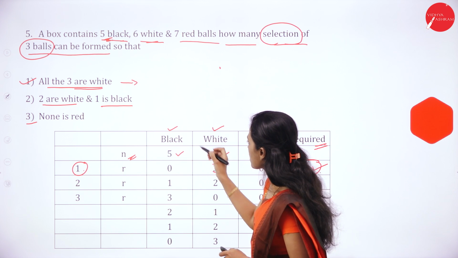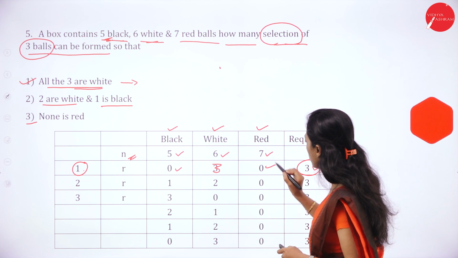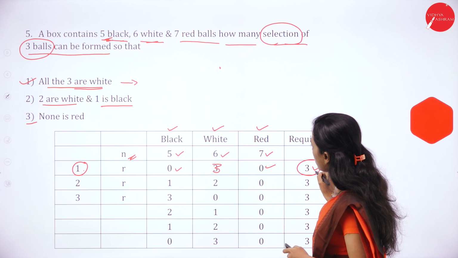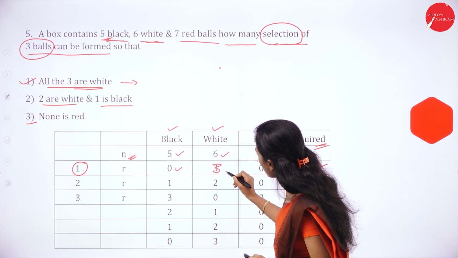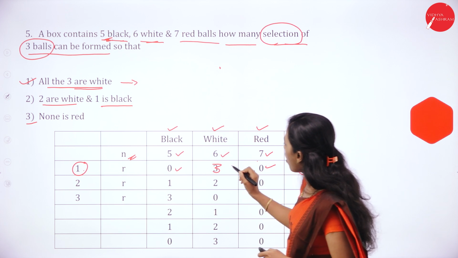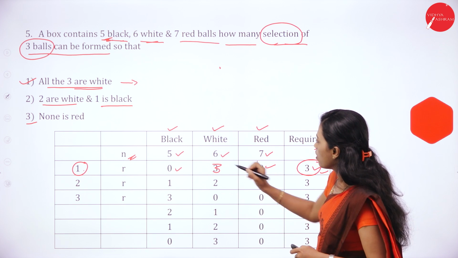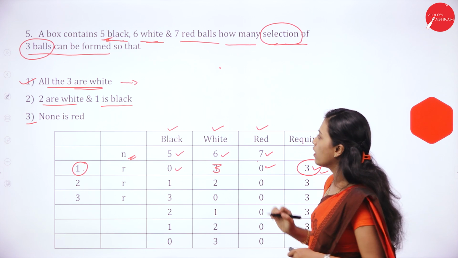So, it means 0 black balls and 0 red ball. So, N is 6 and selected ball is 3. So, requirement is 3 here. So, all the 3 balls are white. So, black ball is 0, red ball is 0.